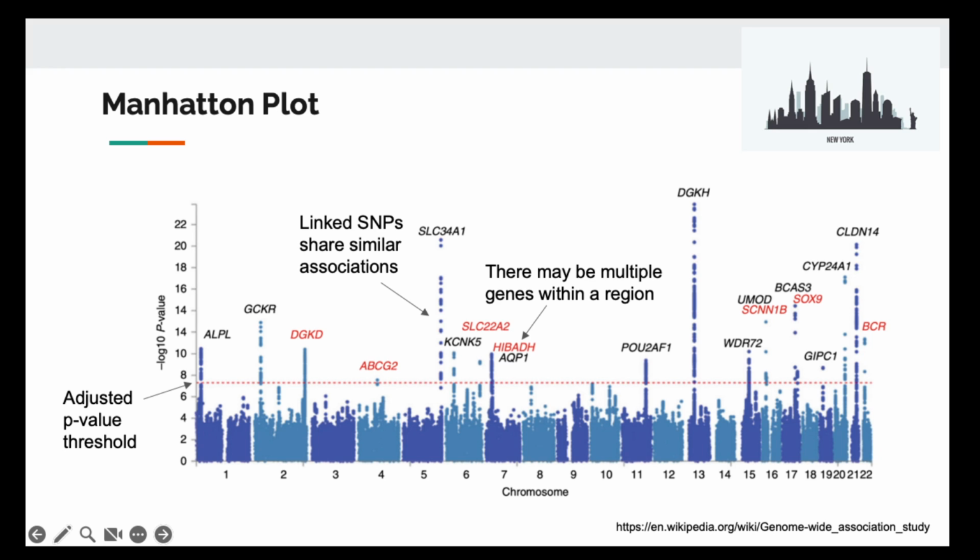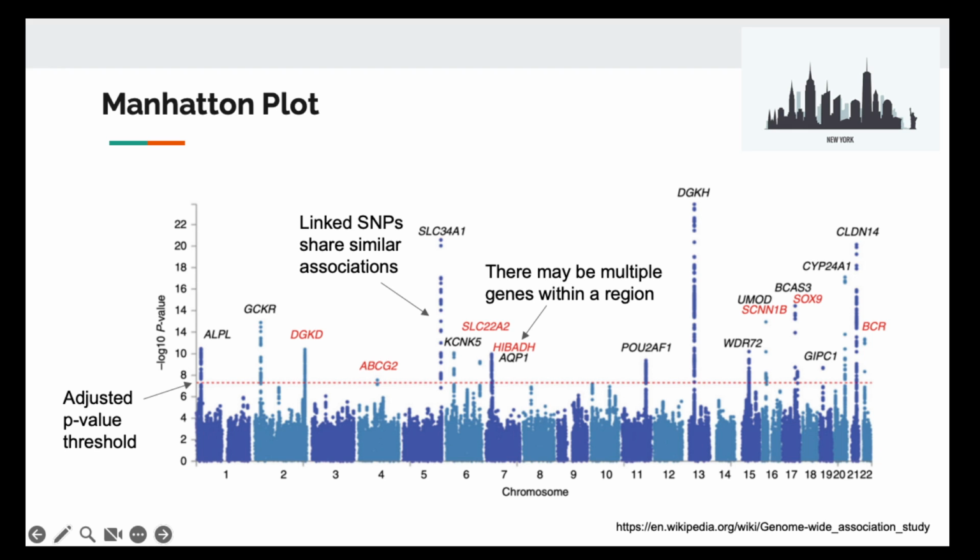We are not going to apply 0.05 to the Manhattan plot, because we know that if we apply 0.05, it's going to be all the way down here, between 2 and 3, and everything is going to pass. So every time we see a result from GWAS, every time you feel frustrated that the p-value has to be so low, that's to prevent all the false positives that wait for you at the bottom of the graph.